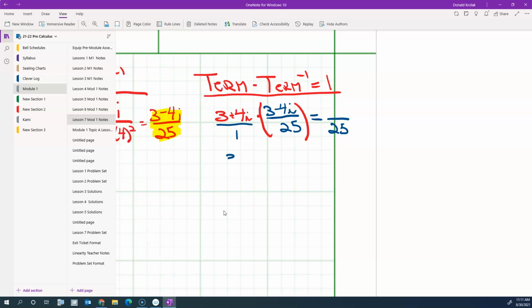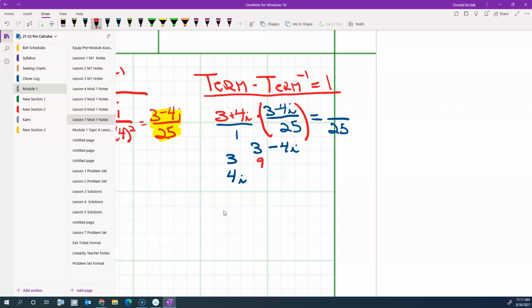Well, if you did your little box, 3, 4i, 3 minus 4i, and I filled in my box here, that's 9, negative 12i, 12i, and this would be negative 16i squared.